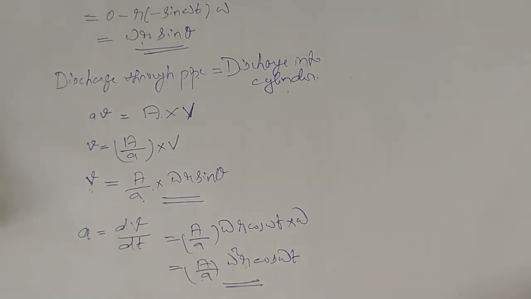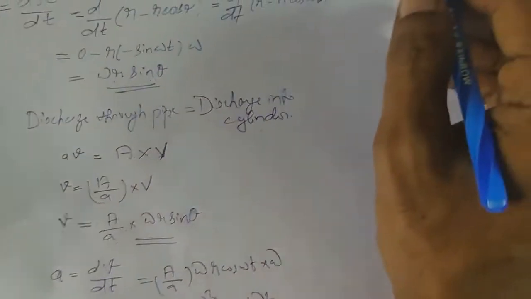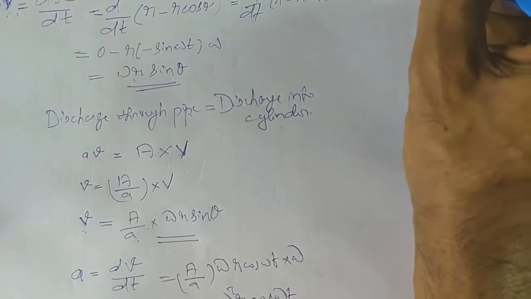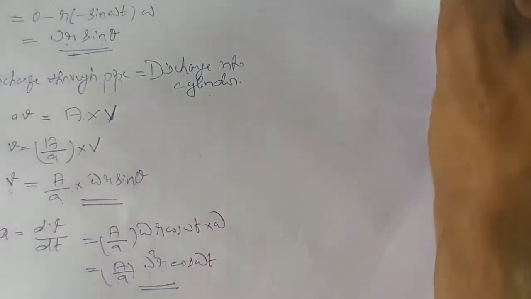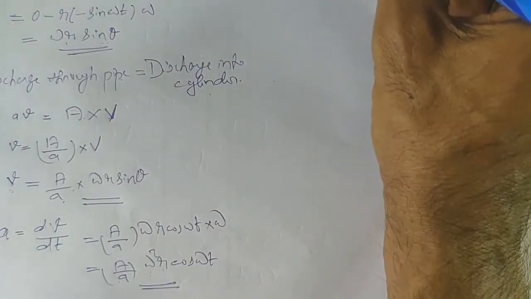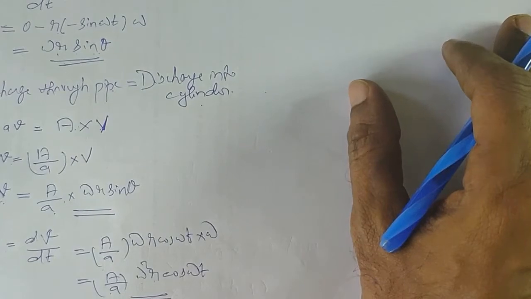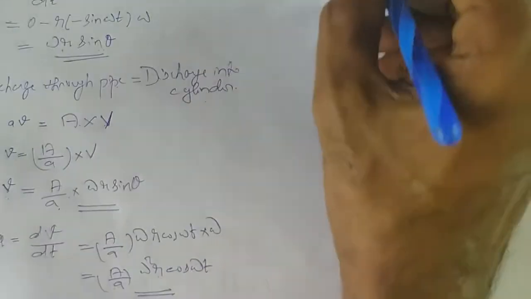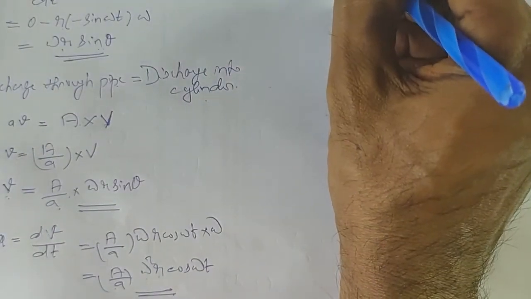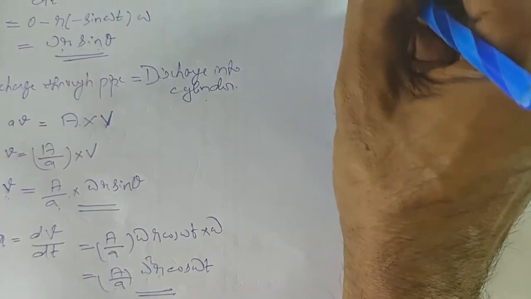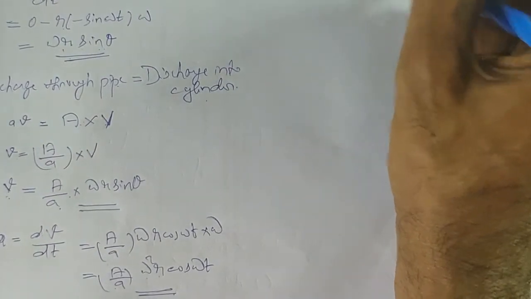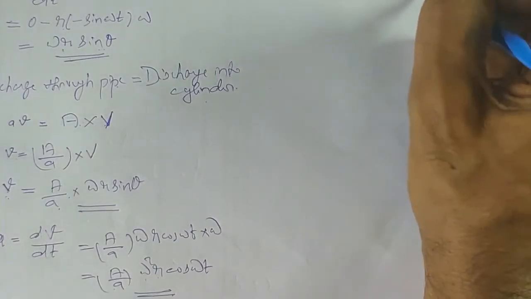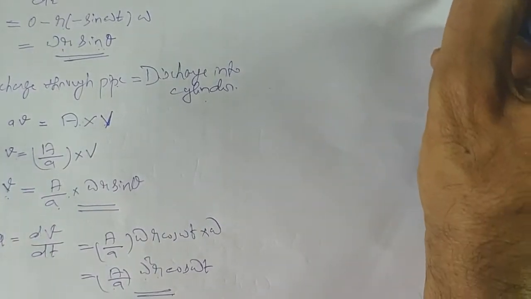For that we will apply Newton's second law of motion: force is equal to mass into acceleration. Acceleration we have got, so what will be the force required? For that we will find out m. Density rho of the fluid is equal to mass per volume, so mass is equal to rho into volume.